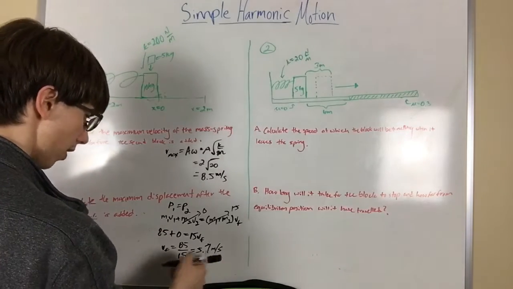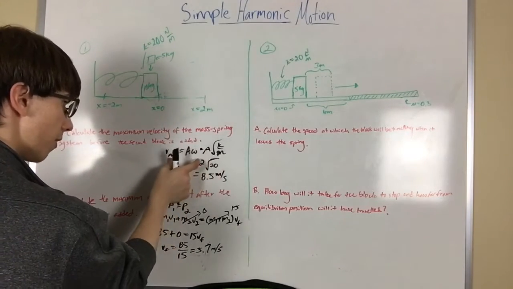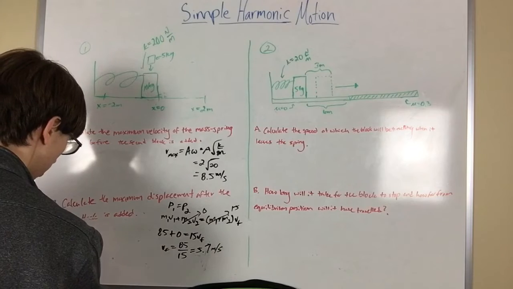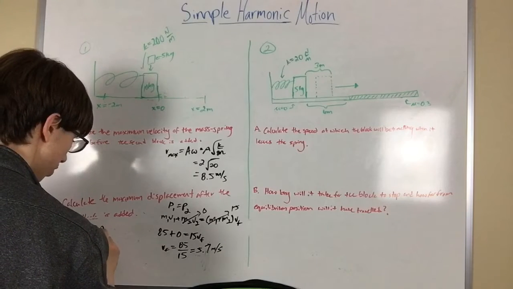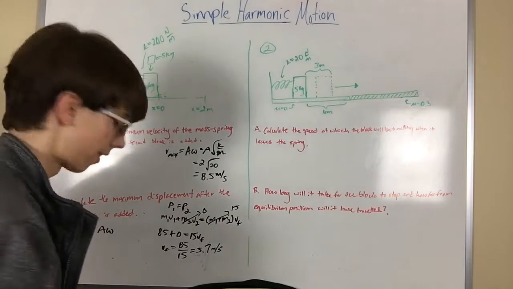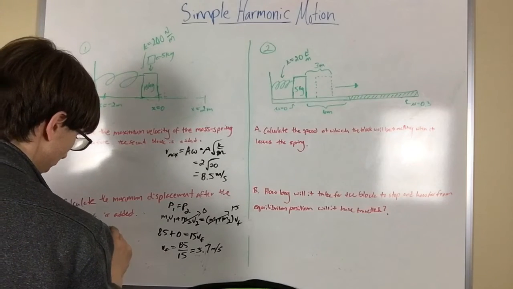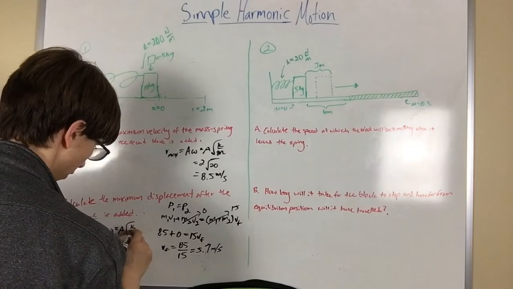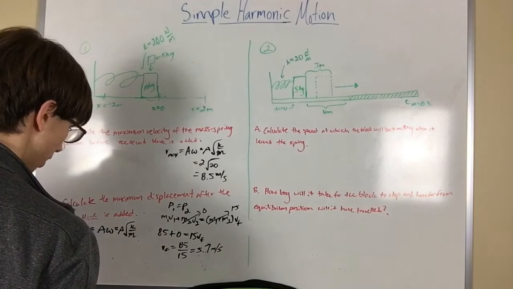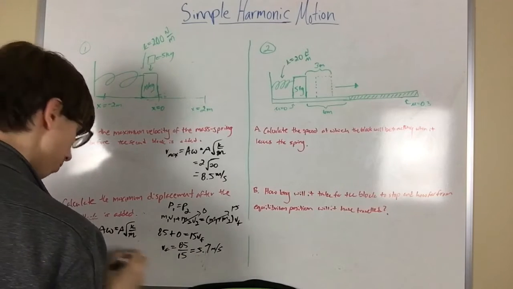So we are going to use the same formula. Vmax is equal to the amplitude times the angular frequency. Okay? And we know that this is the same thing as A times the square root of k over m. We don't know A, but we know Vmax is 5.7 now.